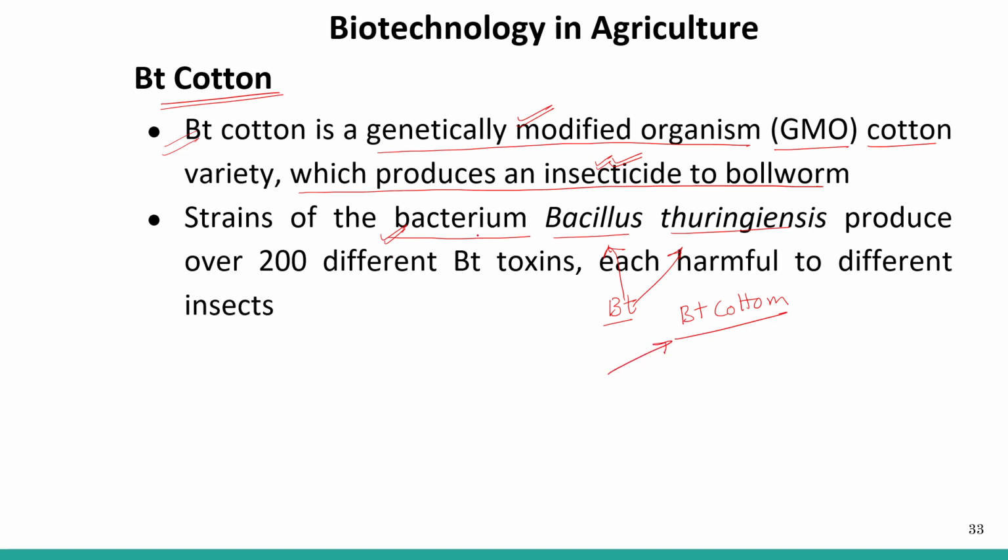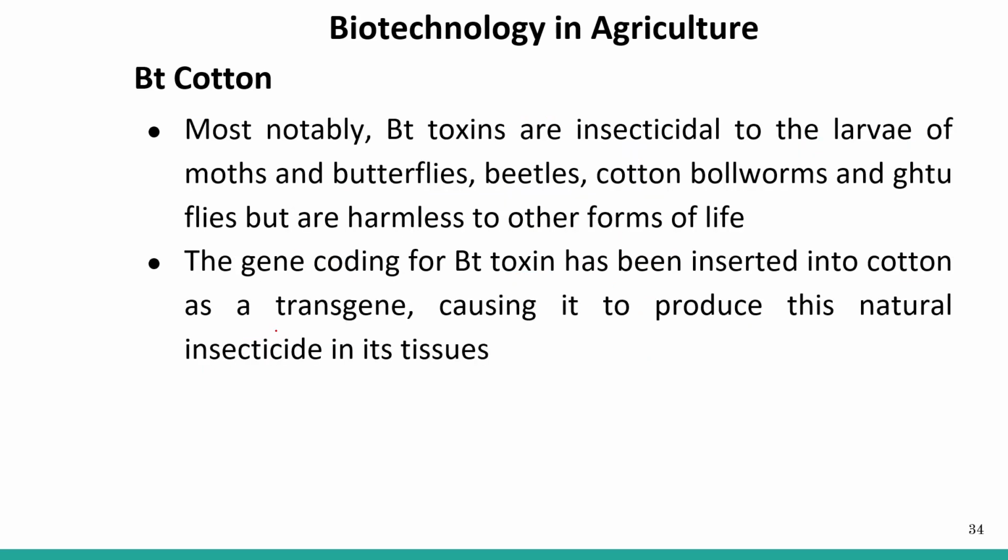Strains of the bacterium Bacillus thuringiensis produce over 200 different Bt toxins. So it produces 200 types of toxins, and each is harmful to different insects. Most notably, the Bt toxins are insecticidal to the larvae of moths and butterflies, beetles, cotton bollworms and gnat flies, but are harmless to other forms of life.